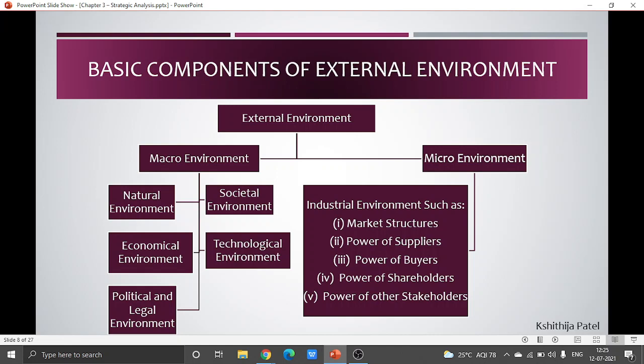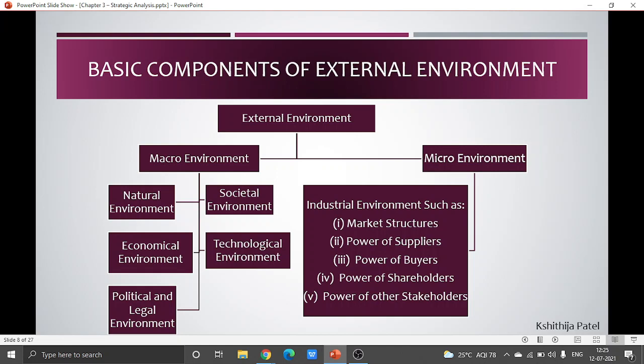Now, strict consumer laws appropriately ensure consumer safety, but they increase the risk of business. And as against this, lenient consumer laws do not ensure adequate consumer safety, but they decrease the risk of business.